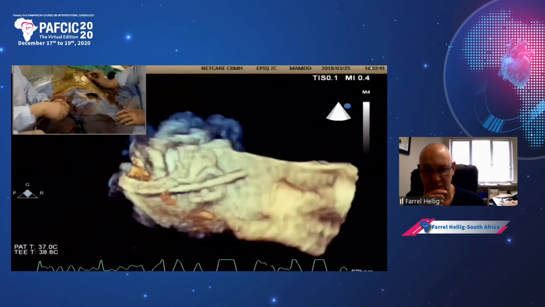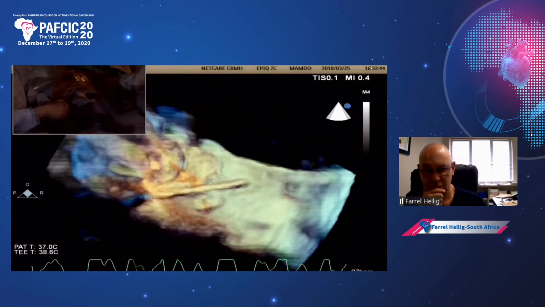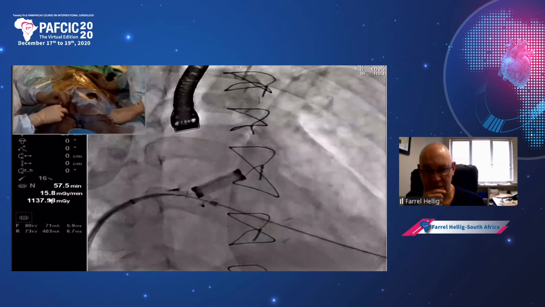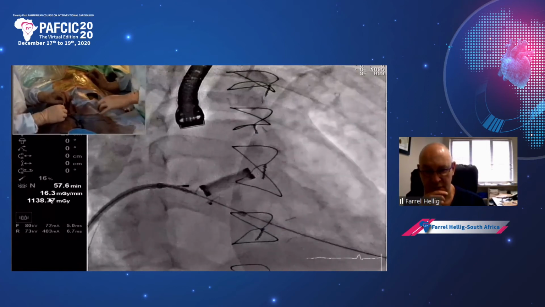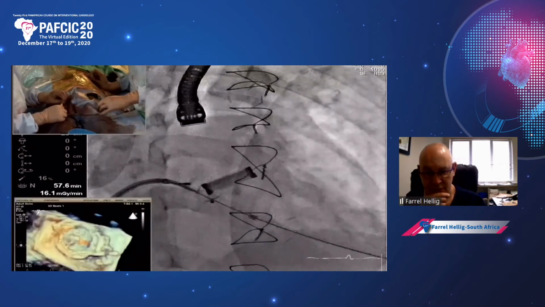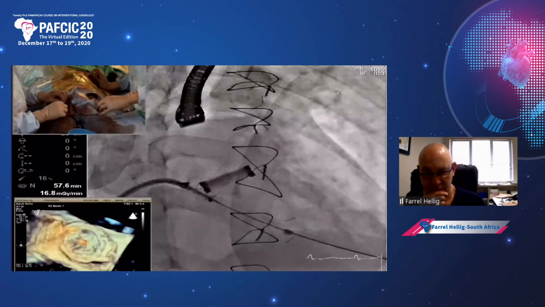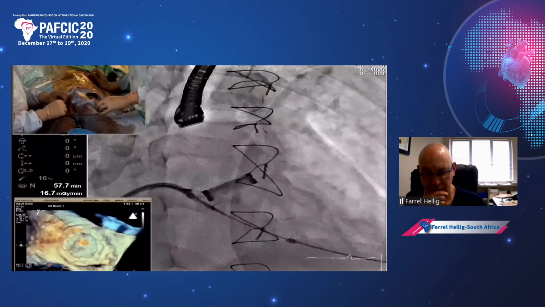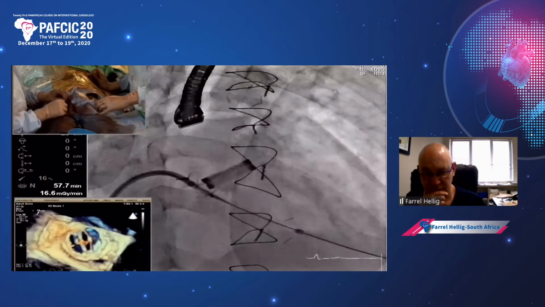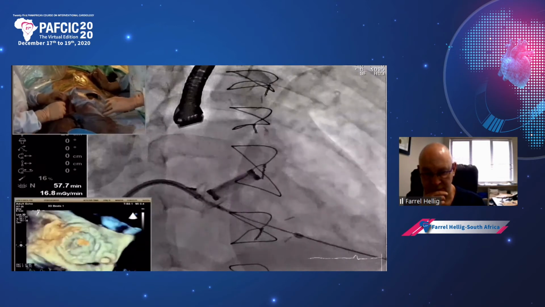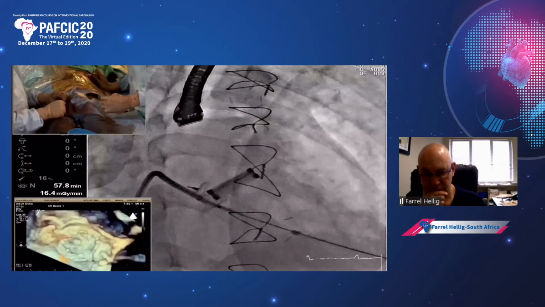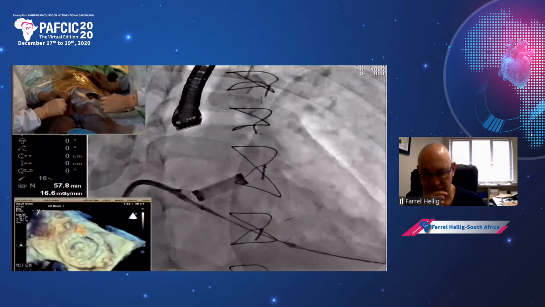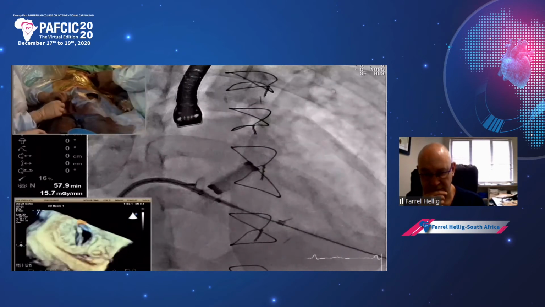Okay, without this dislodging the other device. Pull the sheath back a bit. Now it looks like it's going to go. No, got to pull. Yeah. Okay.